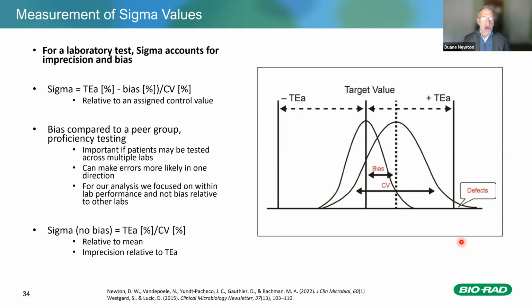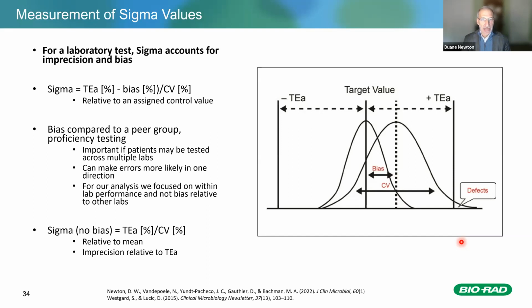Bias is a difficult thing to measure. One way you can measure it is by comparing your results to a peer group, if you know all of them are using the same method, the same platform. You could also attempt to quantify bias through comparison of your results to proficiency testing results. So it's really important to understand bias in assays, especially if patients are being tested across multiple labs. This can cause errors to occur in one direction or another.